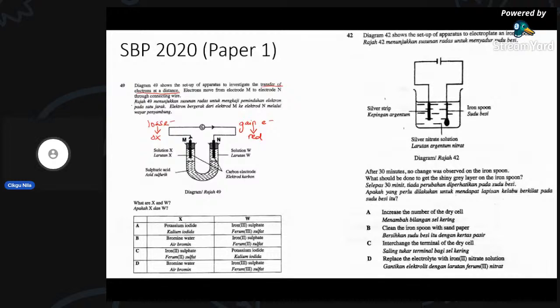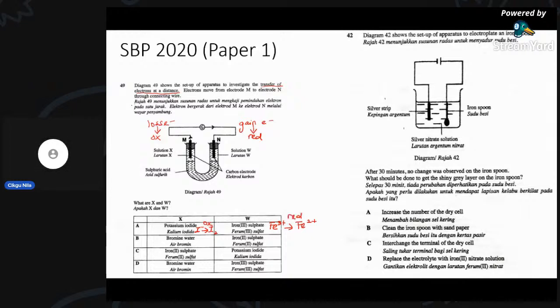We look at X first. Potassium does not change color, so leave potassium aside and look at iodide. I minus to 0, the oxidation number increases, so oxidation takes place. For iron sulfate, which one changes color? Iron. Fe3 plus becomes Fe2 plus.